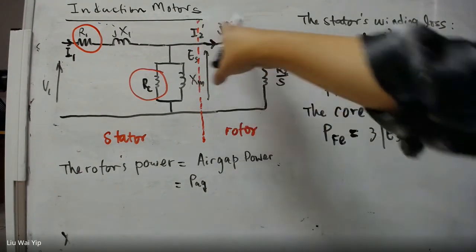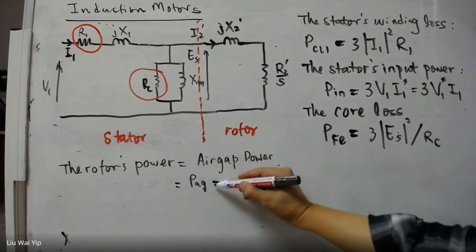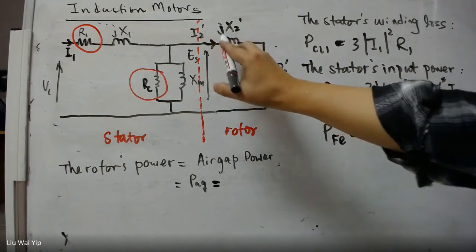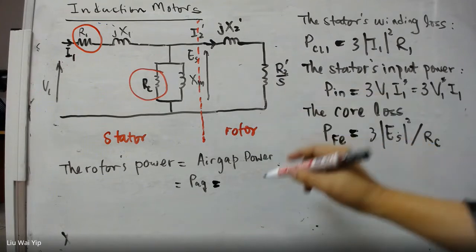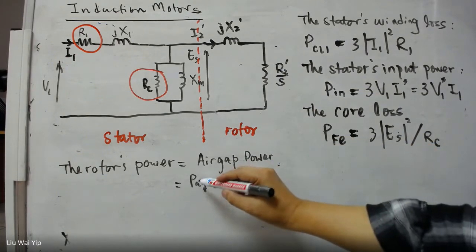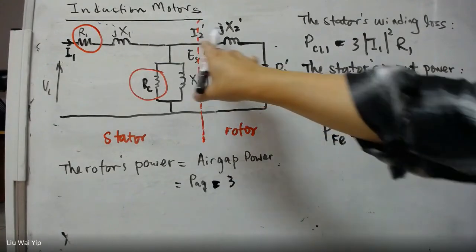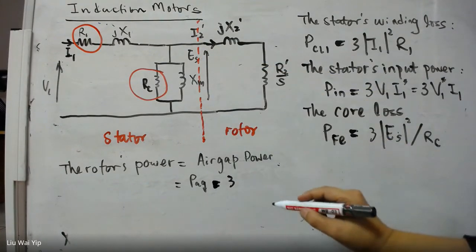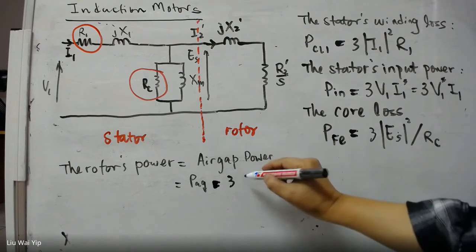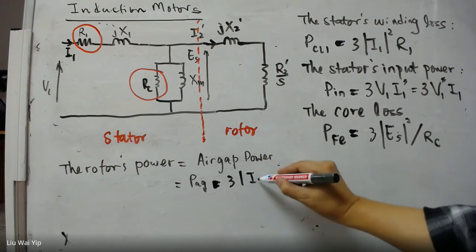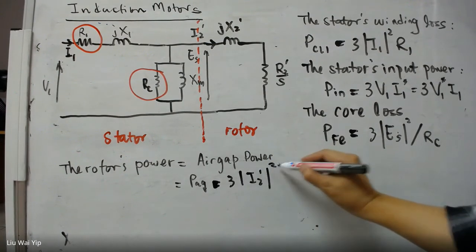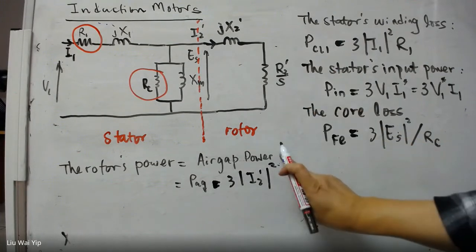And according to the circuit diagram, the air gap power is going to be the magnitude of the secondary current, I2 dash squared, times the resistance.